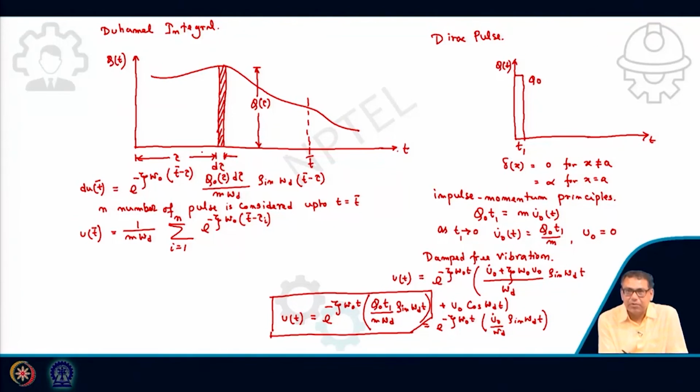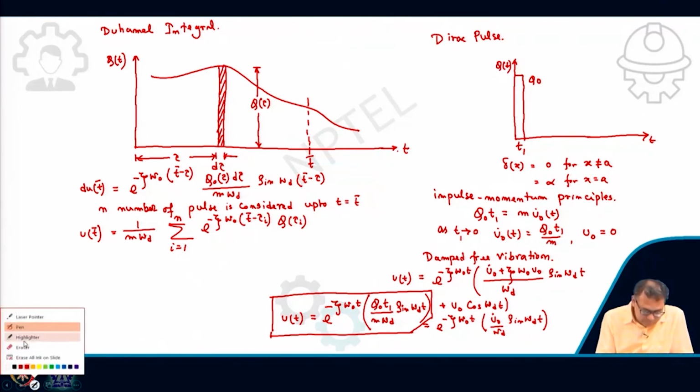because this distance now will change. Initially it was tau, for one particular pulse. Now there are n number of pulses, so their tau distance will change. That's why it is tau i. Okay. Then it is q tau i, actually it is not q0, this should be q tau.